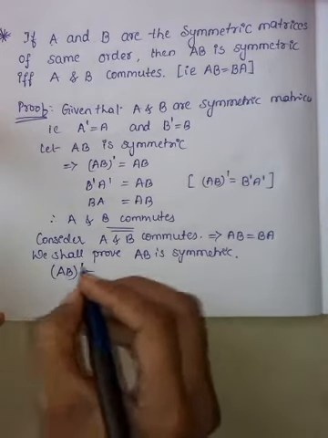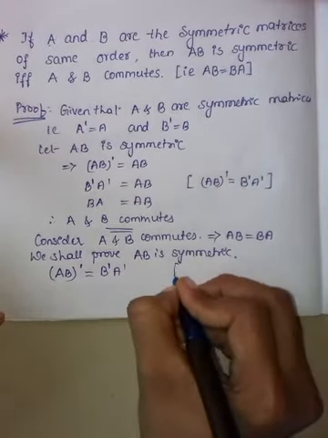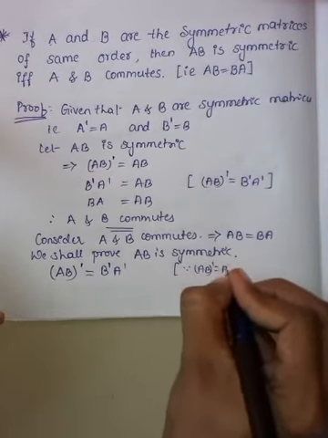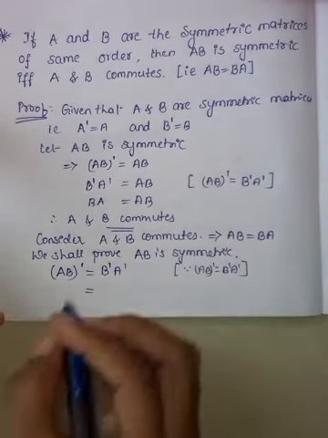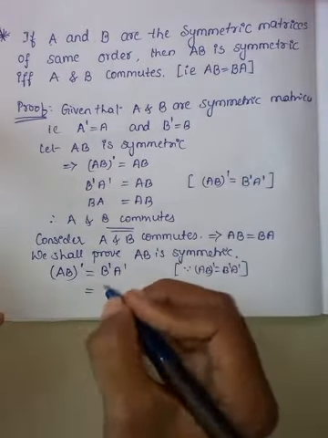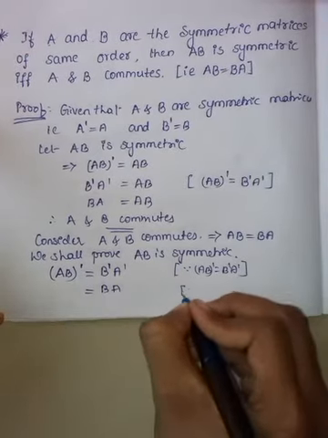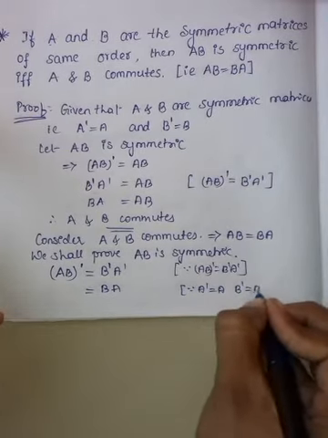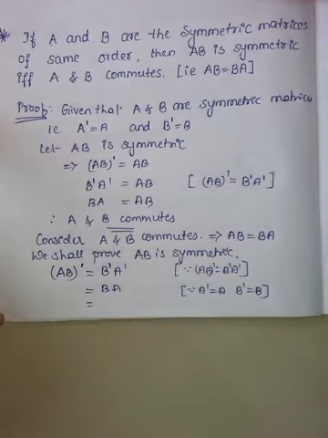According to the property, (AB) whole transpose is B transpose A transpose, which, since A and B are symmetric matrices, B transpose equals B and A transpose equals A, is BA.